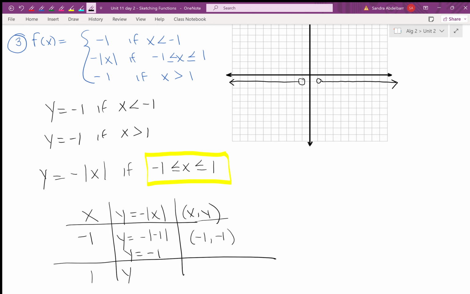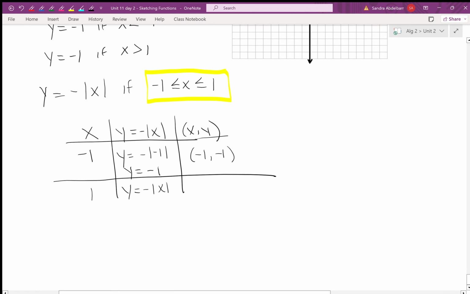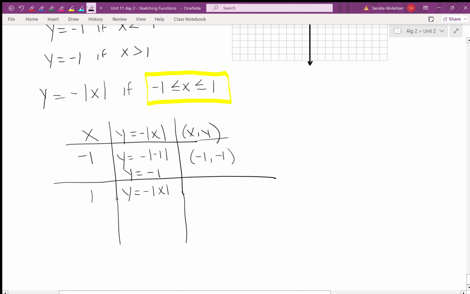So y equals the negation of the absolute value of 1. What's the absolute value of 1? 1. The negation of 1 is -1. So now the point is 1, -1. Do we agree the vertex is still 0, 0 since we didn't shift left or right at all?